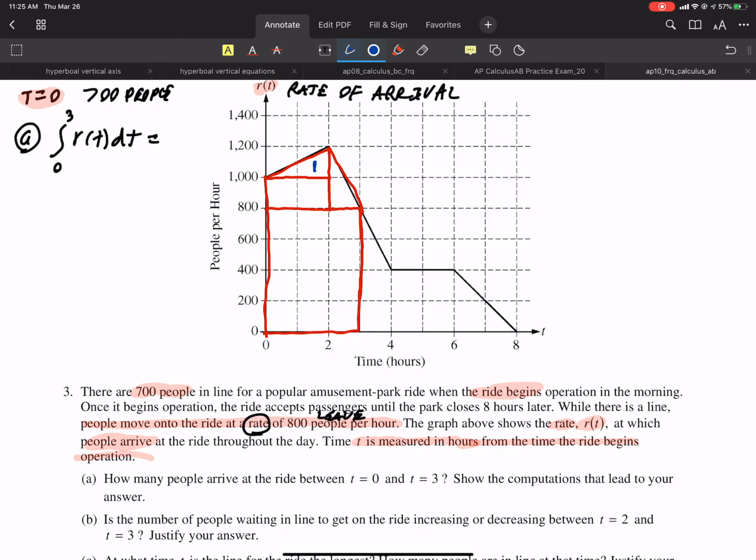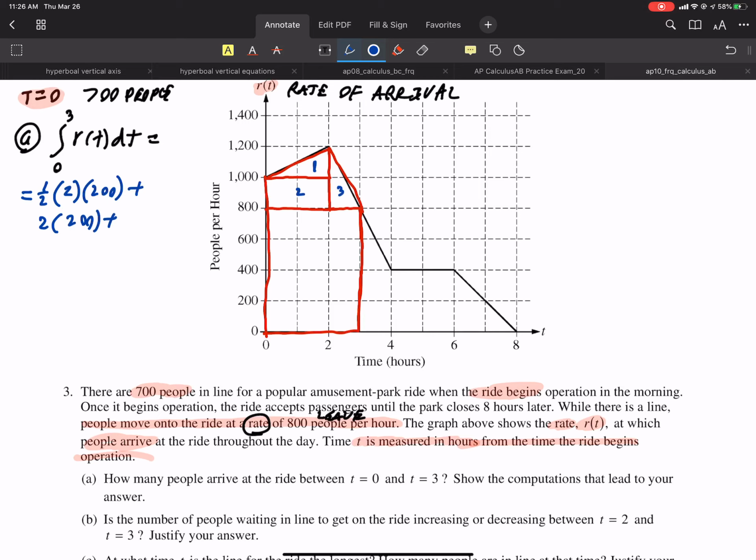So area 1 is going to be 1/2 base times height. The base is going to be 2 hours. And the height goes from 1,000 to 1,200, so it's going to be 200 people. Plus, I'll call this 2. 2 is just base times height, so again, its base is 2, the height is 200.